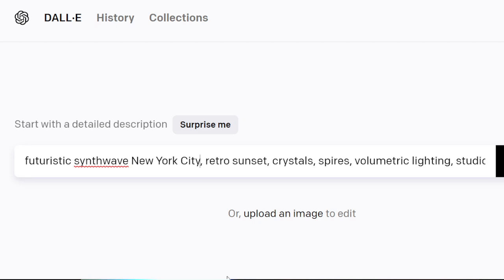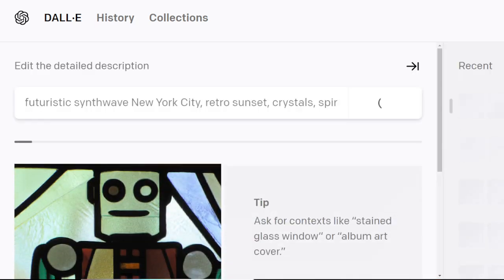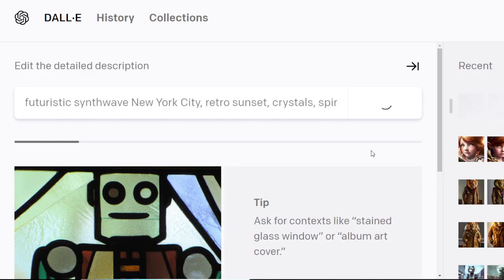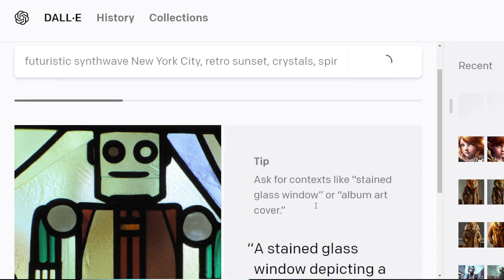All right, let's see what this thing generates. And all we wanted to do was take the style we saw and then put New York on it. And let's see if it gives us a usable New York futuristic image that somebody may want to drop in their work. All right, it's working. It's giving you some tips.